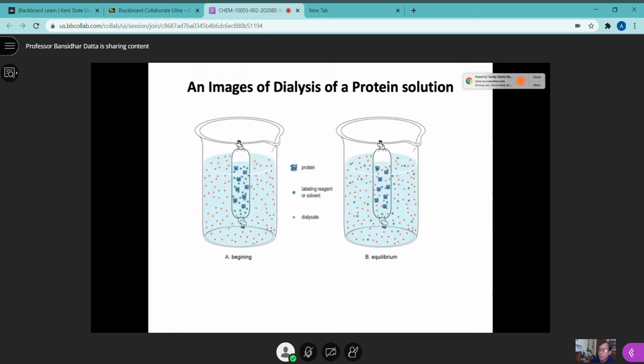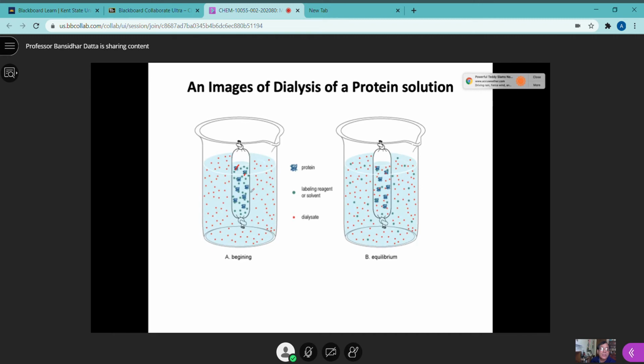So it has certain molecules, like these are protein particles, the bigger ones, right? And the smaller ones, the circle ones in greenish color, are the reagent or solvent. And the molecules in red color are in the solution outside, they're not inside, right?